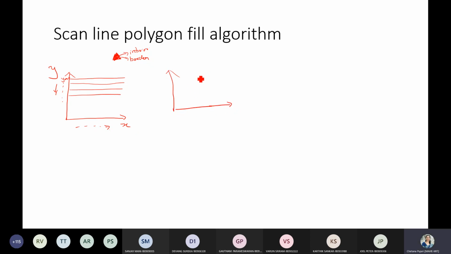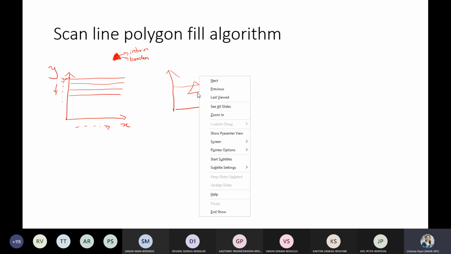So for the scan line algorithm, first let's say we'll draw a polygon. Let's say I'll draw a polygon here, and you have one scan line passing through the polygon. In this case, you're going to find the intersection points between the scan line and your polygon. So the intersection points are this and this.